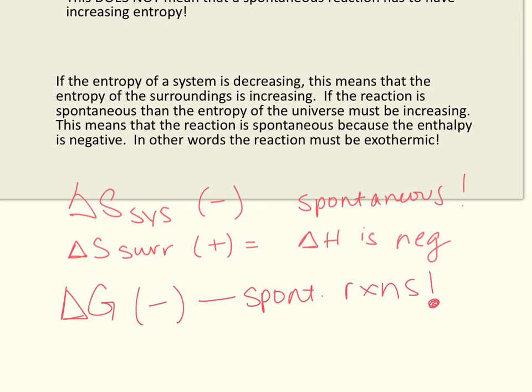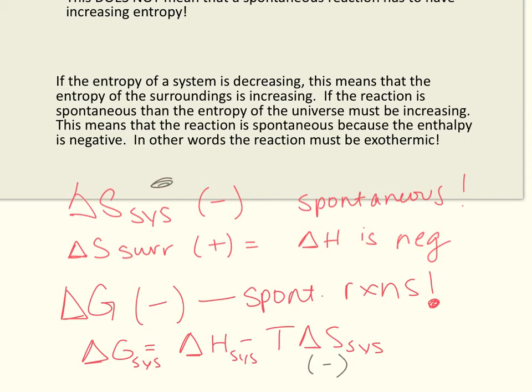So if delta G is negative, we also know that delta G is equal to delta H minus T delta S, and this would be for the system. So if delta S of the system is negative, like we decided up here, and the reaction is spontaneous, this has to be negative.